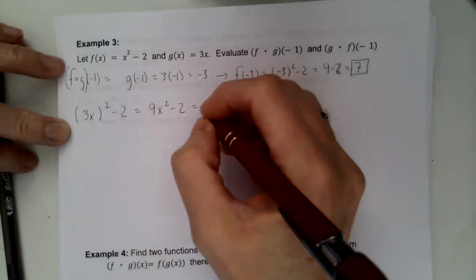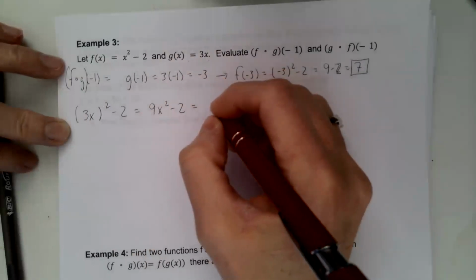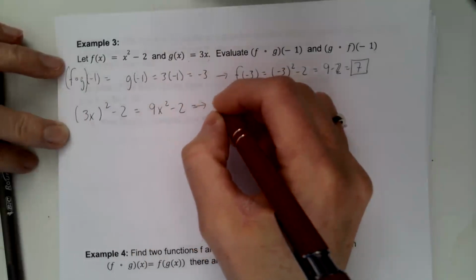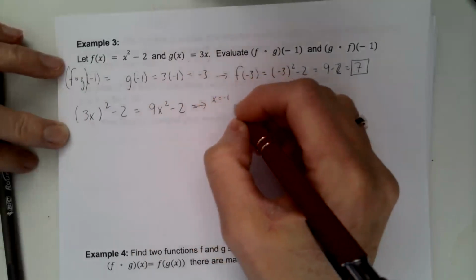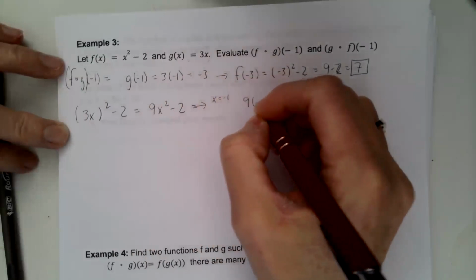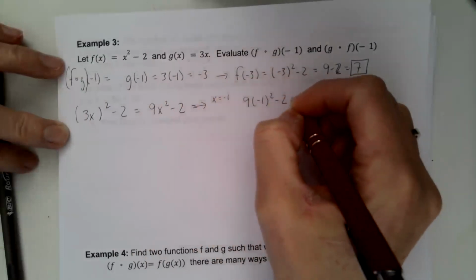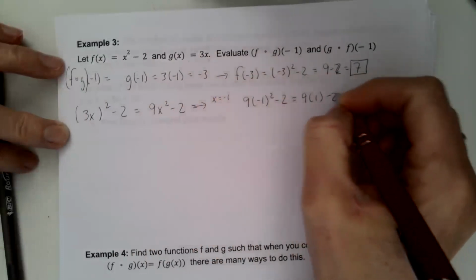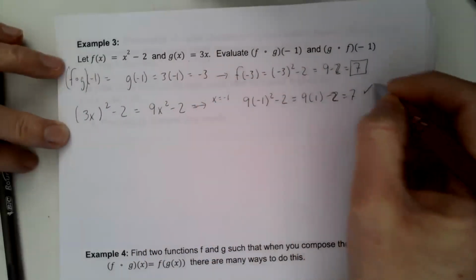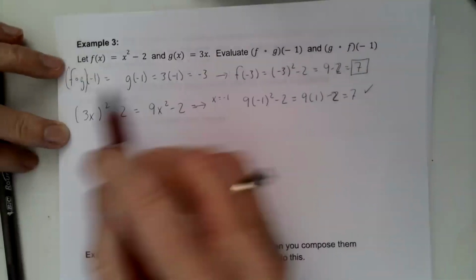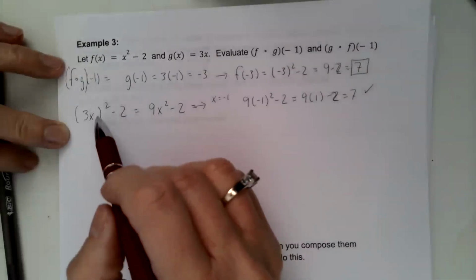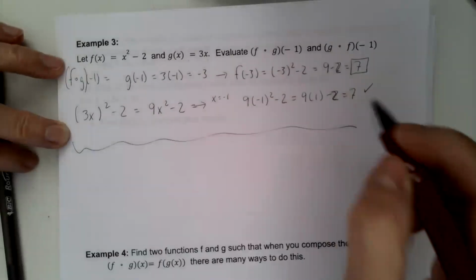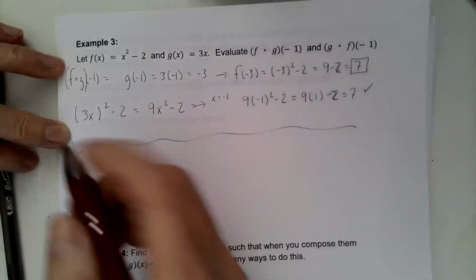If we evaluate that at -1, we'll have 9 times -1 squared, subtracting 2, is 9 times 1, subtracting 2, is 7. So you can do it either putting in -1 first or composing them and then evaluating it at -1.